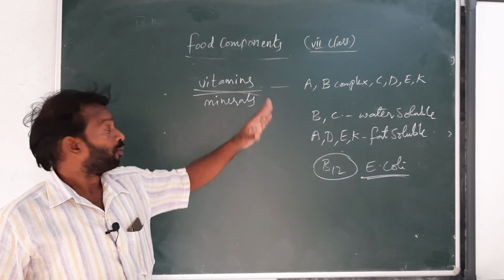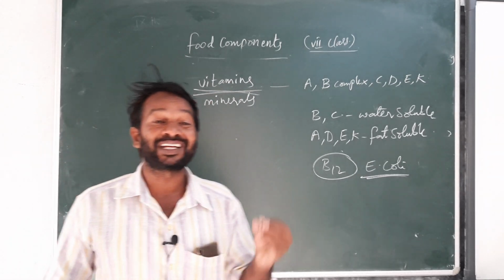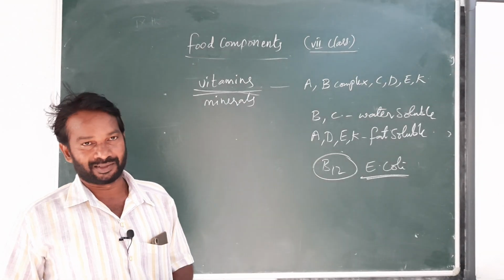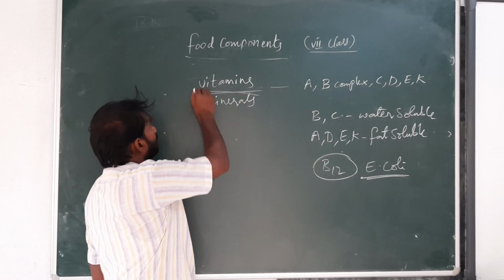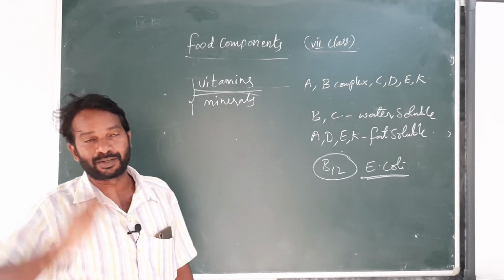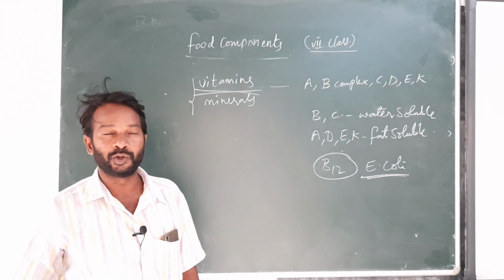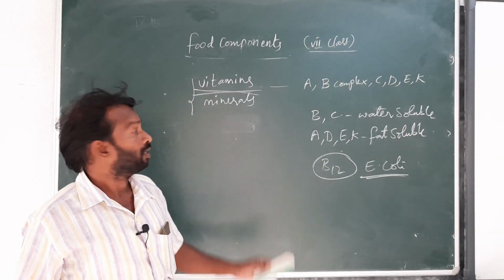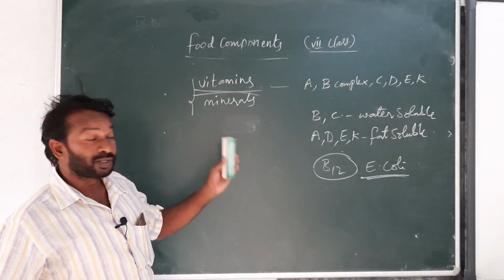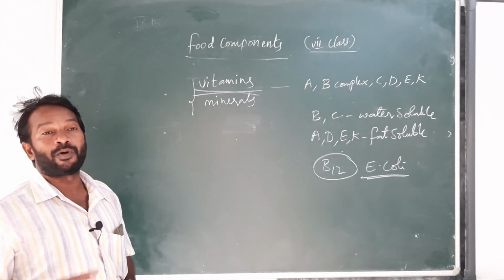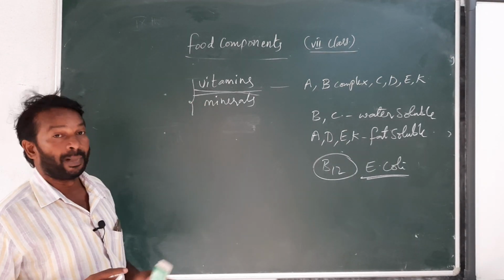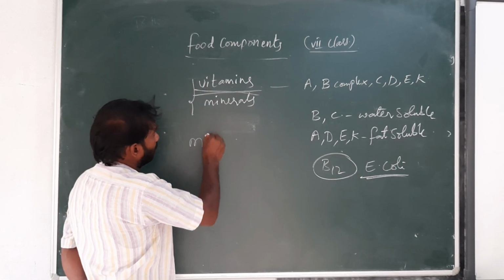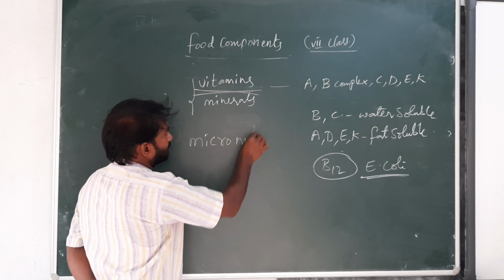Vitamins and minerals are protective nutrients, protective food components against diseases. They are involved in various metabolic activities in our body, and they are required in very small quantities. That's why vitamins and minerals are called micronutrients.